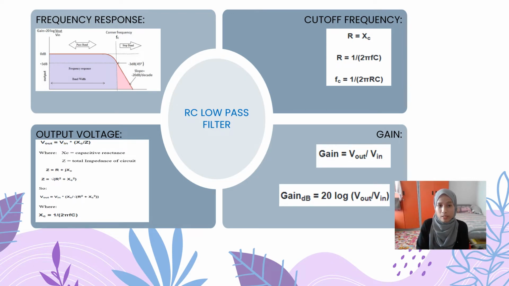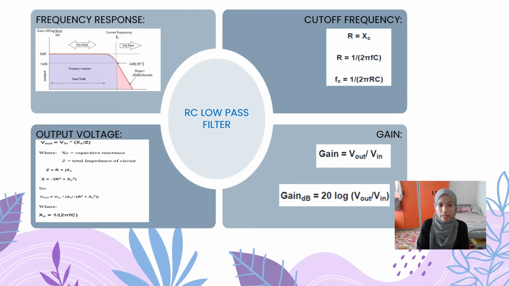To calculate the output voltage of a passive low-pass filter at any frequency, the voltage divider rule is applied between the resistor and capacitor. So the output voltage Vout is given by this formula.